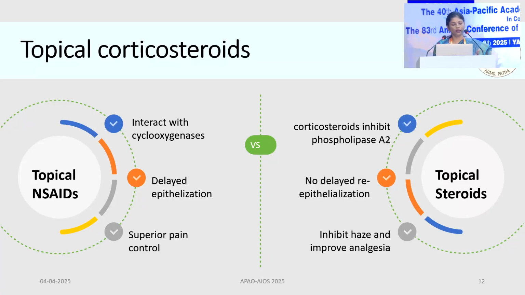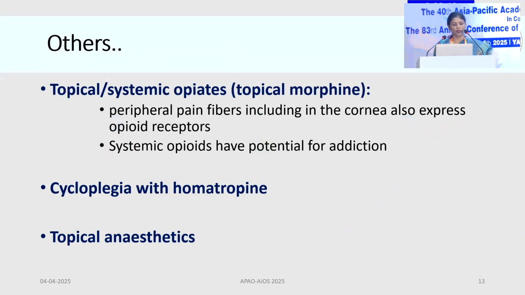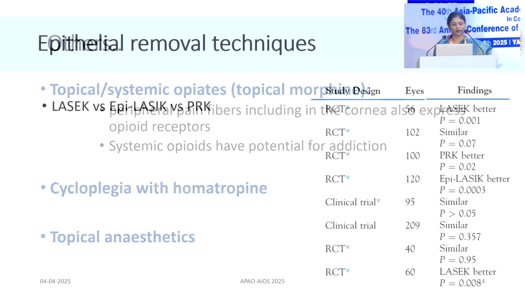On the contrary to NSAID, it may not give the immediate relief to the patient, but at the same time it doesn't delay the epithelialization, and it inhibits the formation of haze, and it gives long-term comfort to the patients. Now there are other medications that have been documented in the literature, the use of topical and systemic opiates, cycloplegia with homatropine and topical anesthetics, but the uses are really less in practical routine cases.